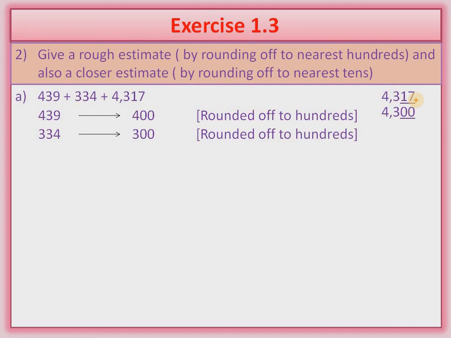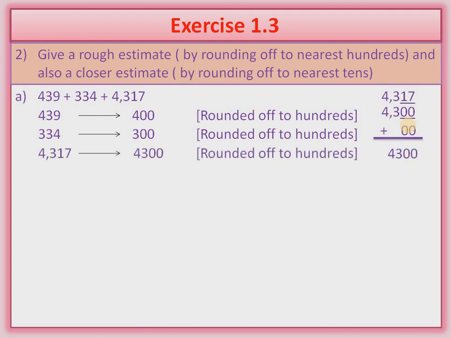It is category number 1, because in category number 1 the number should be between 0 to 49. So we will add 0, 0. So what is the answer? 4,300.